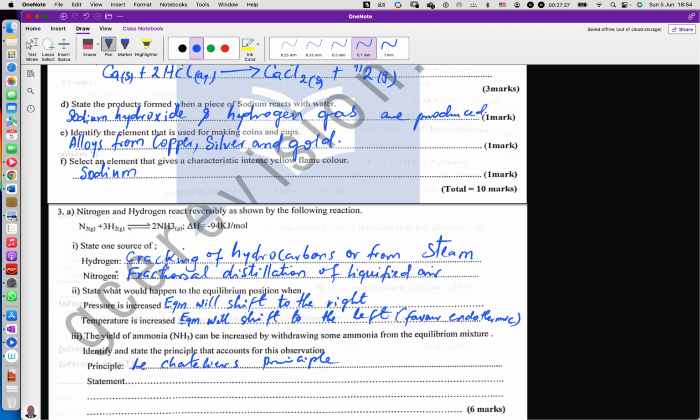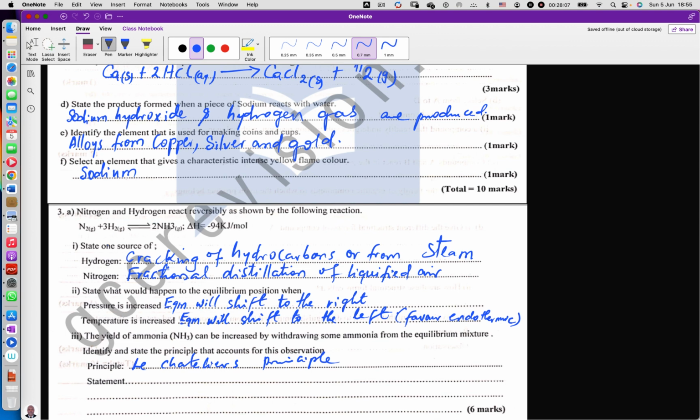So now, one source of hydrogen in this reaction is cracking of hydrocarbons, or from steam. You can crack large hydrocarbons into smaller ones. Larger alkanes can be cracked into alkenes and hydrogen.